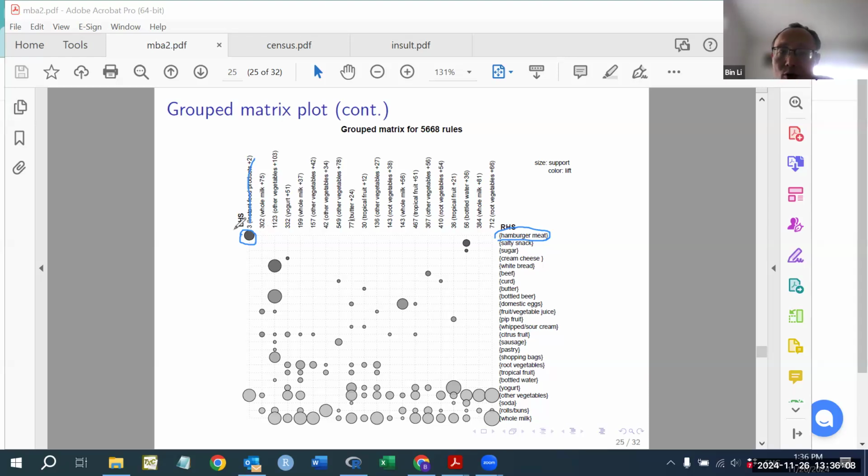So this is how you read the grouped matrix plot. You can also interpret other bubbles in a similar way. This is a very useful tool for visualizing many rules.